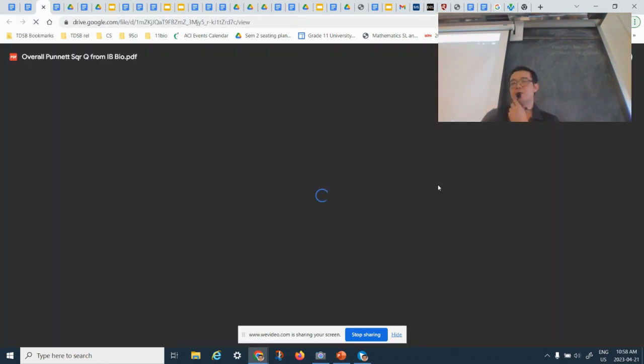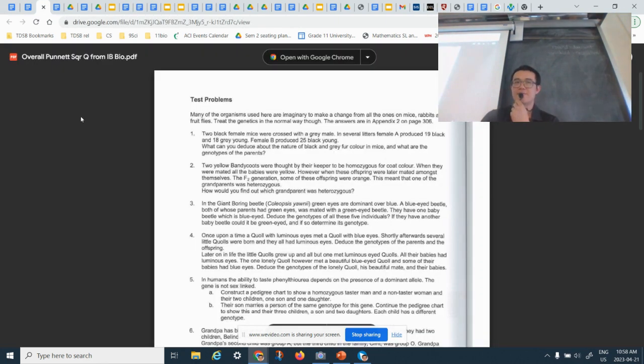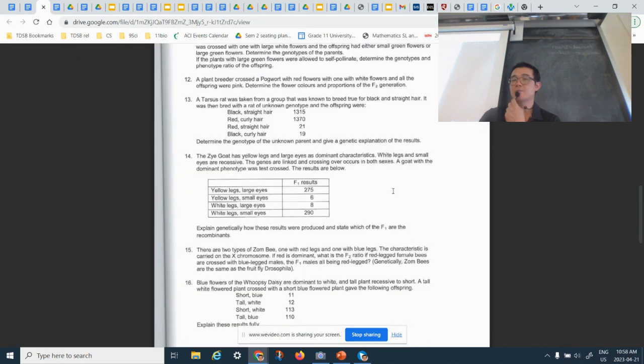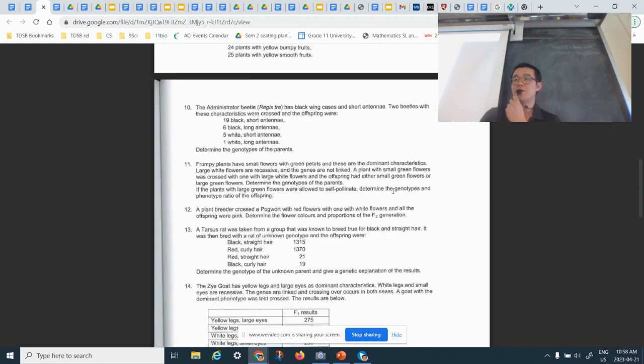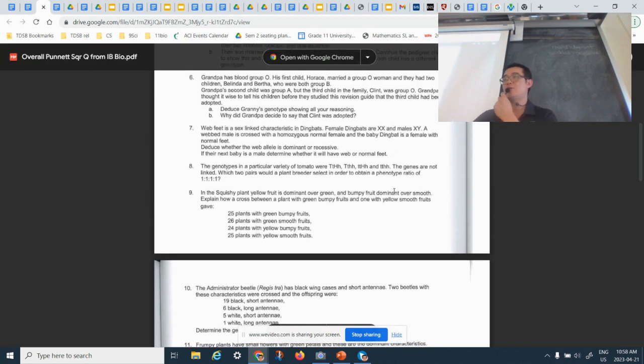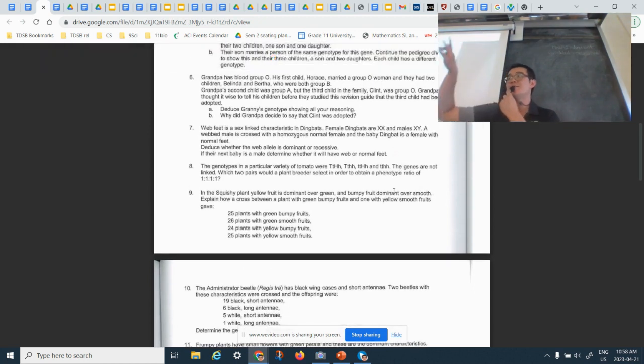Now, this document, yes, it's from IB Bio. There are some practice problems on Punnett squares. However, I would ask you either don't do the ones that look like they have dihybrid crosses, or be very careful and read carefully, because we have not learned about dihybrid crosses that involve crossing over.